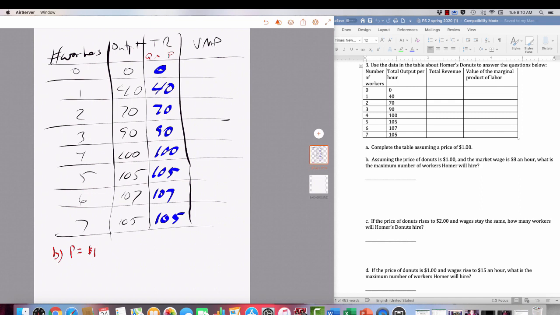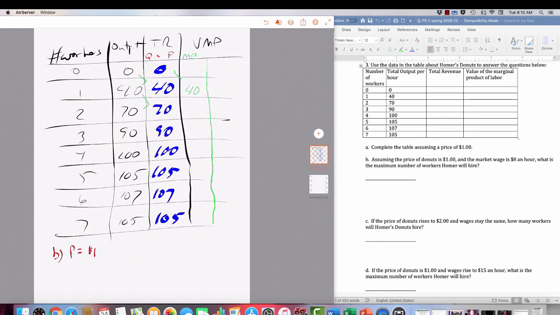The value of the marginal product of labor requires a little additional step here. We need to figure out what's the marginal product of labor first. So I'm going to do that here. The marginal product is the change in output as we add a worker. So we go from an output of 0 to an output of 40. The marginal product of the first worker is 40.